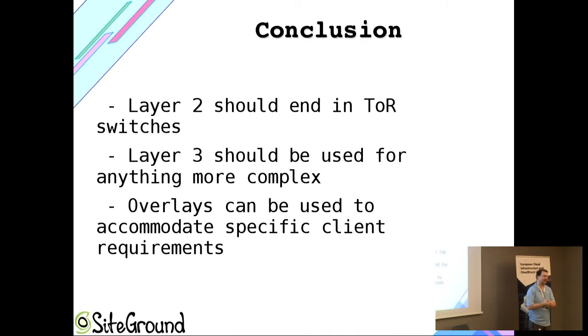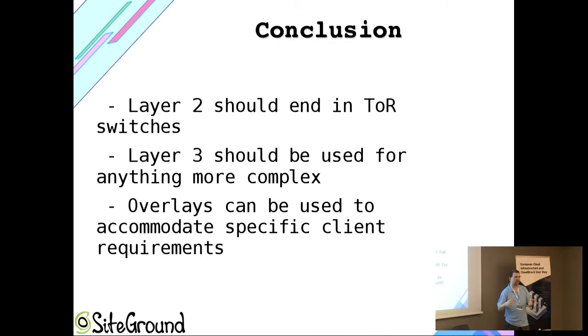Hopefully, you would have better control on the end servers instead of the switches. So my conclusion here is you should use layer 2 only for the first cable, and that's it. After that, you need routing. After that, you cannot use Ethernet for so much port and so much bandwidth.